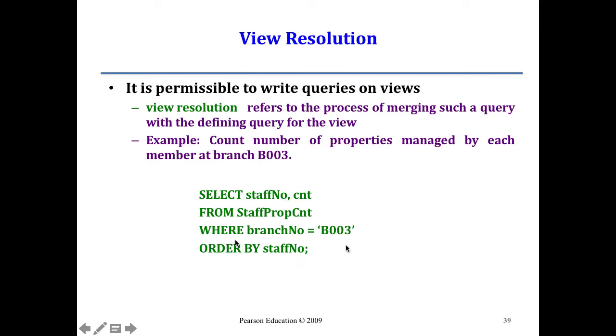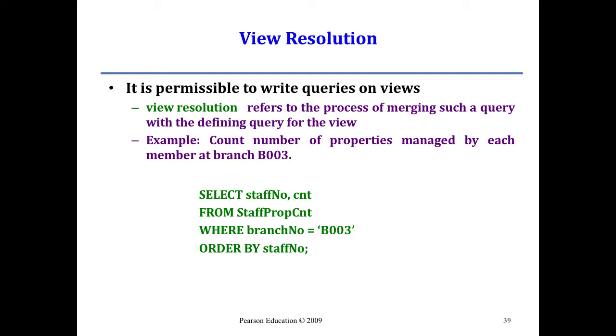Now we just want the property counts for the staff at branch B003. So you can see that instead of selecting from a base relation, we're selecting from this pre-existing view. And what we want to do with view resolution is map this to a query on the underlying base relations, which is something that you'll have to do for one of the homework 2 questions.